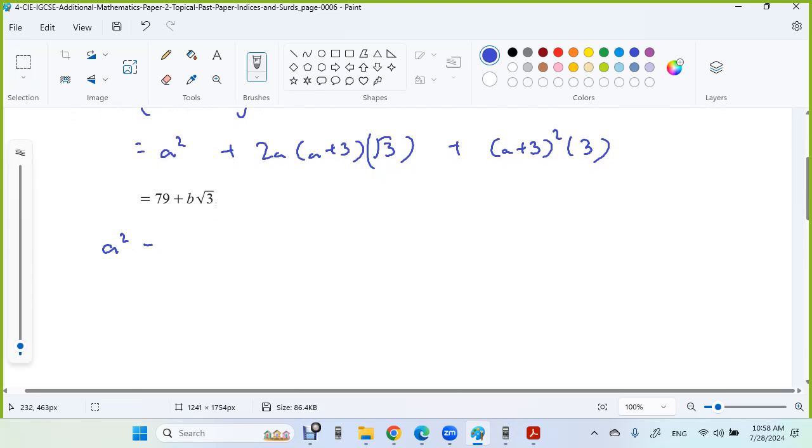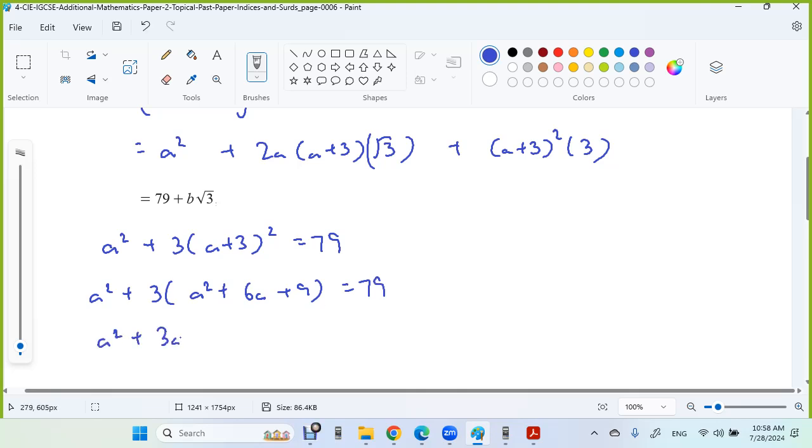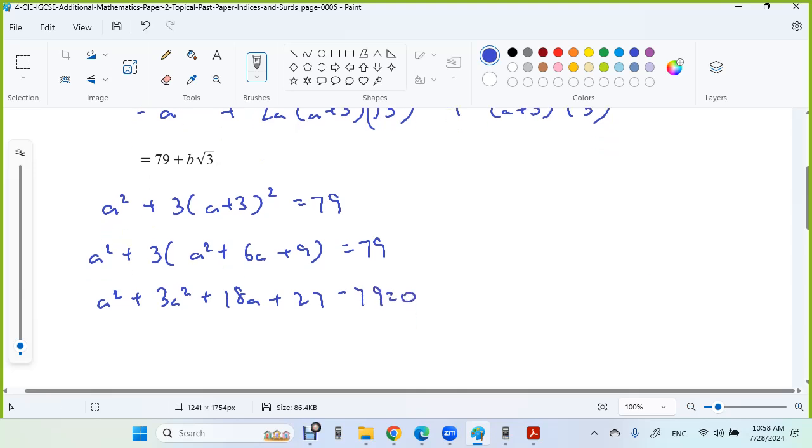So a square plus the 3a plus 3 square is 79. Then we have the a square plus 3a square plus 6a plus 9 equal to 79. A square plus 3a square plus 18a plus 27 minus 79 equal to 0.